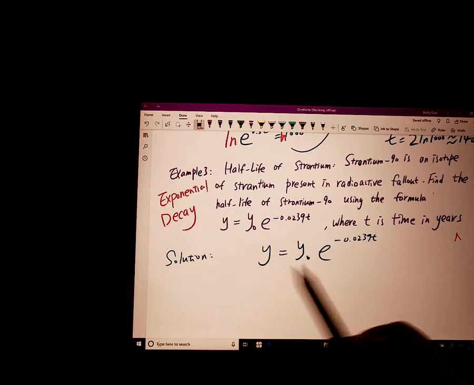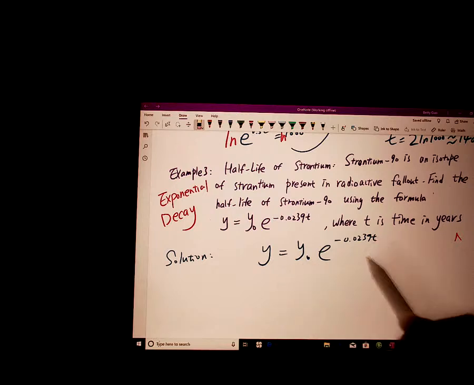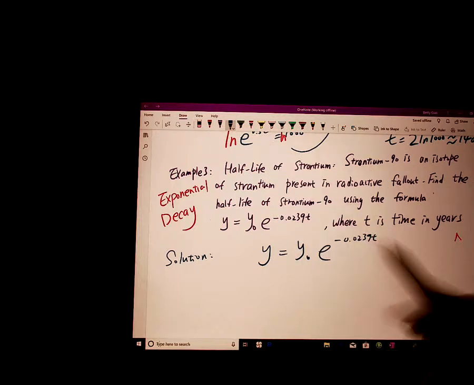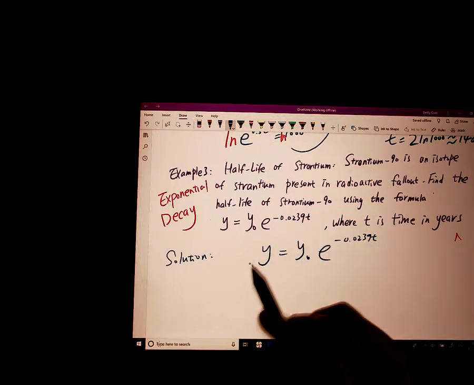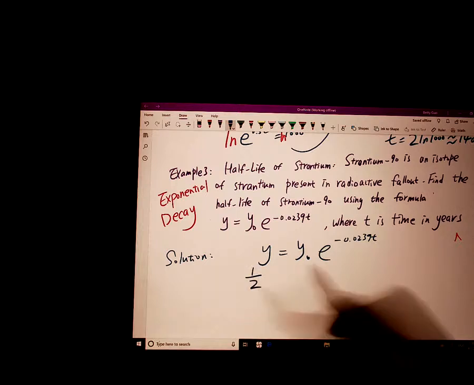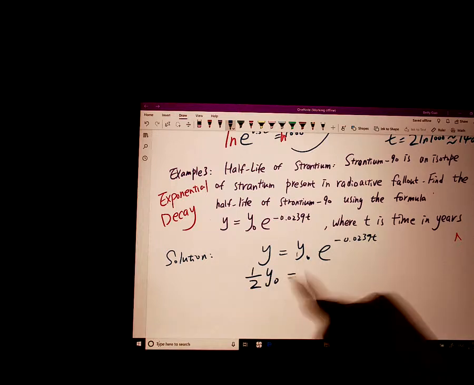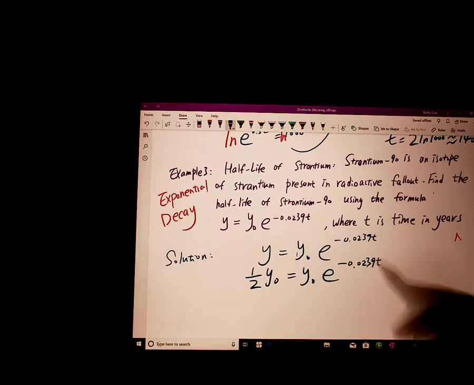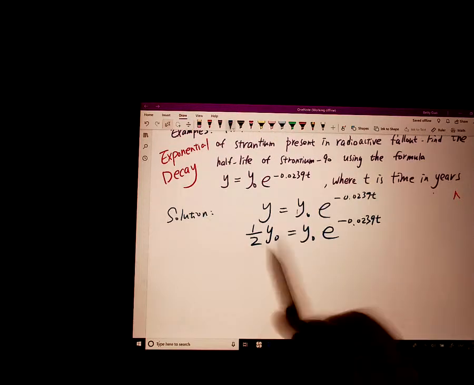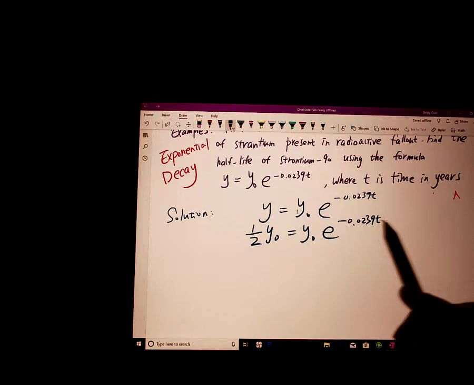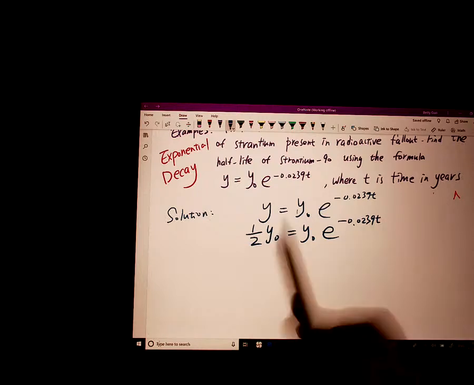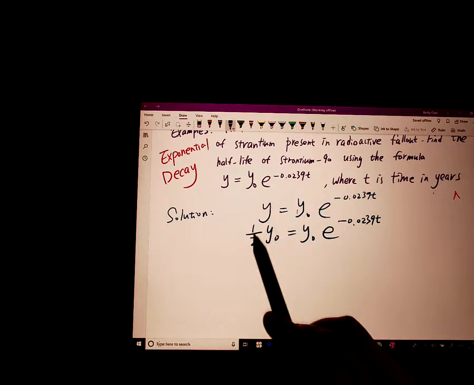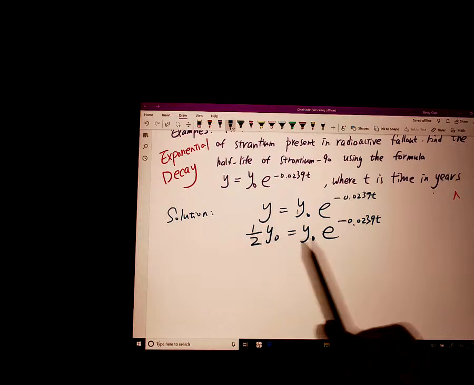So we are looking for half-life, so we are looking for t such that after that time, the amount of the substance is half of the original amount. You see what I'm saying? After t years, the amount of the substance is reduced to half of the original amount.